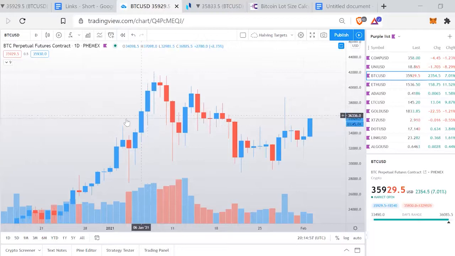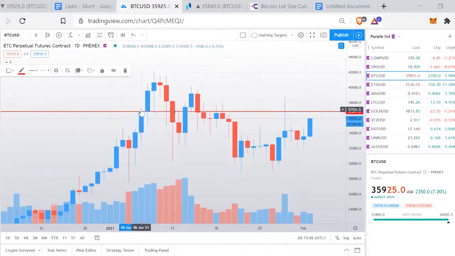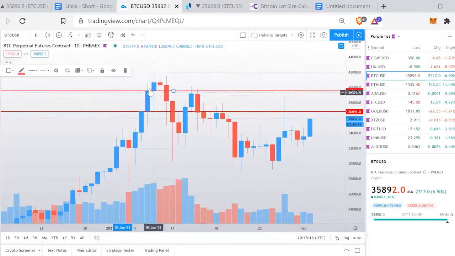So I'm going to use this candle for an example. This is where the candle opened. If it's a blue candle, the open is at the bottom of the big blue candle body, and the close is at the top of the big blue candle body.